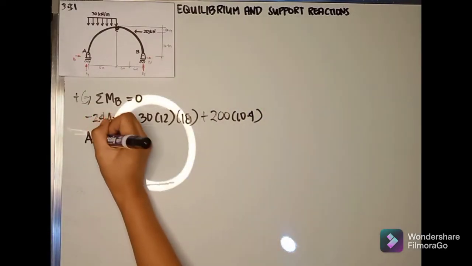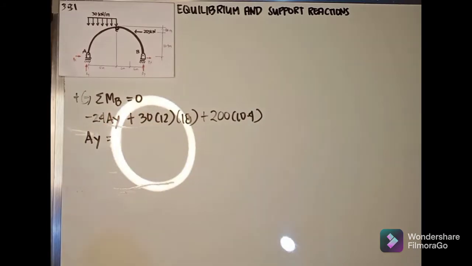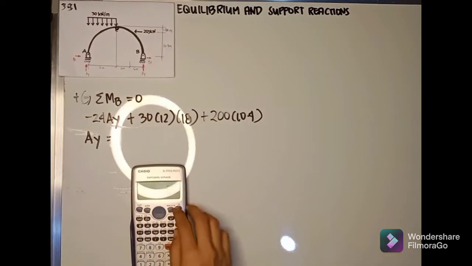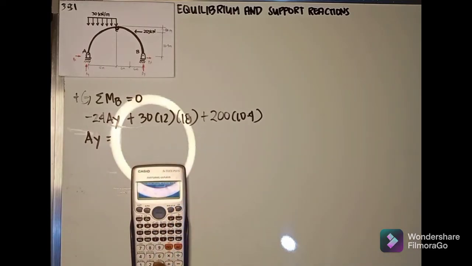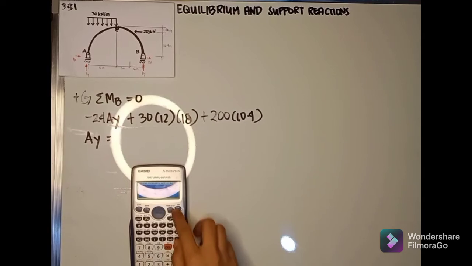So, solving for AY, so diretso na natin. Negative 30 times 12 times 18 plus 200 times 10.4, divided by negative 24.